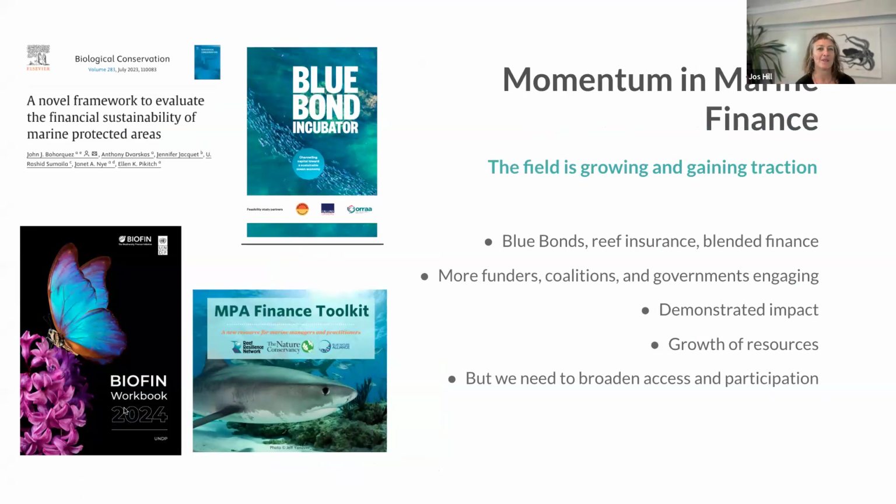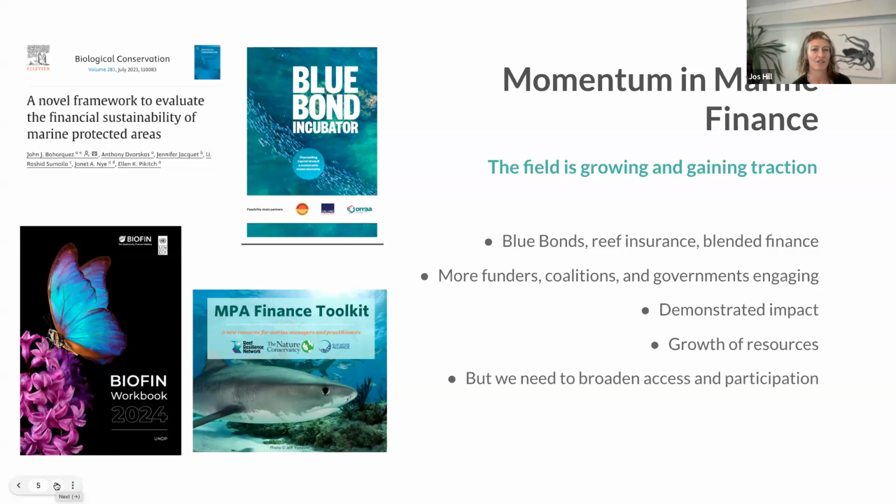So to meet this need, there's been a lot of momentum growing in the marine conservation finance field in recent years, which is super exciting. We've got new tools, we've got blue bonds, reef insurance, blended finance, more funders, coalitions and governments engaging, projects that are showing impact, and a growth of resources.